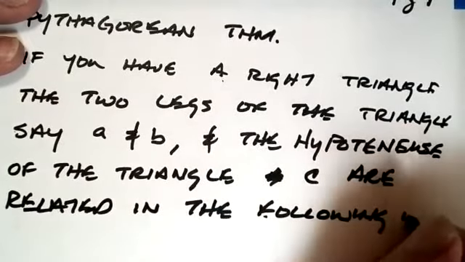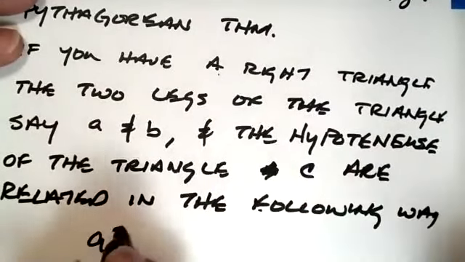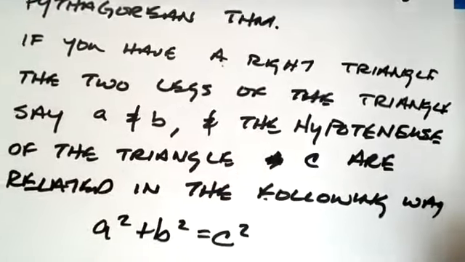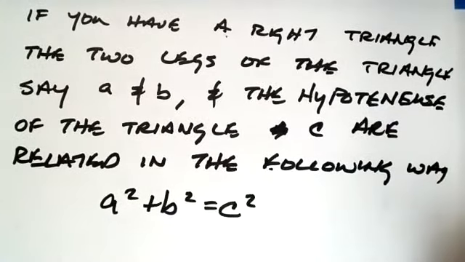I'm not the best speller of Greek words. And this is where a squared plus b squared equals c squared. So if you have any two of these, you can find the third one.